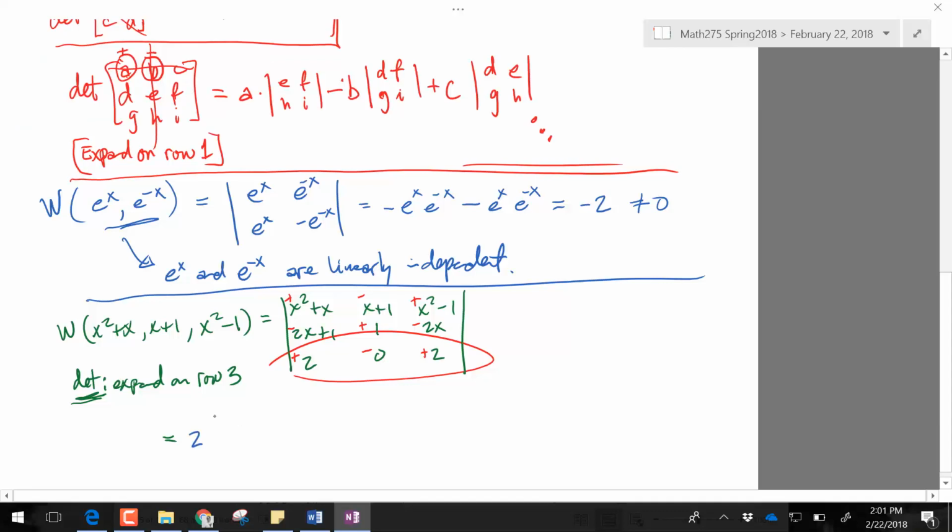So 2 times, and then I cross out the row and the column. I have x plus 1, x squared minus 1, 1, and 2x. The pluses and minuses in red are just the signs that I would give when I expand.